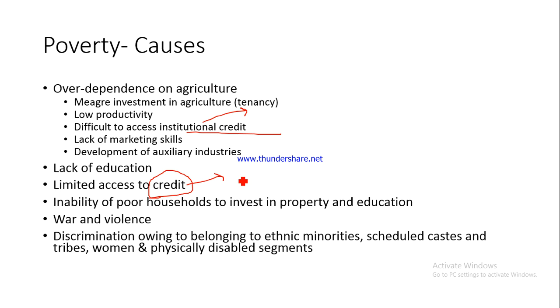So these are some of the causes for poverty, and one major cause which has started to gain prominence in the last few decades is climate change. Many people have been driven out of their traditional ancestral land just because of climate change.